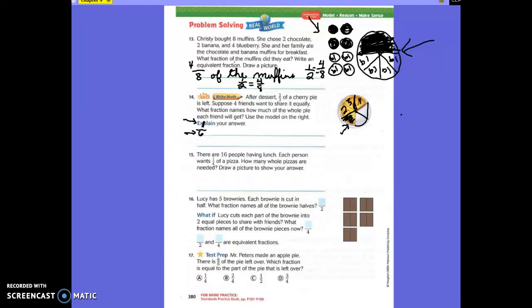So to explain this, we have to say, we split the thirds in half. Each piece is now 1/6 of the whole pie.